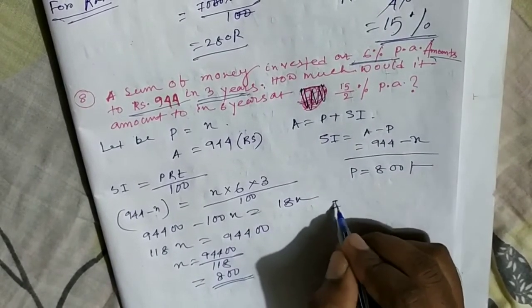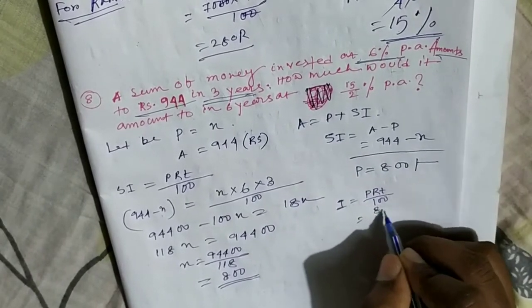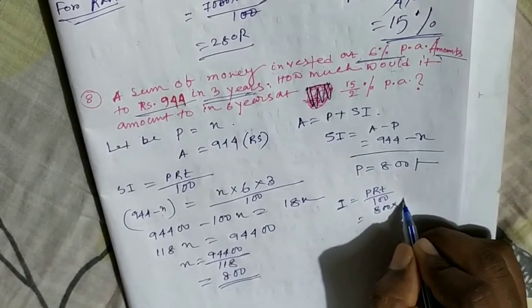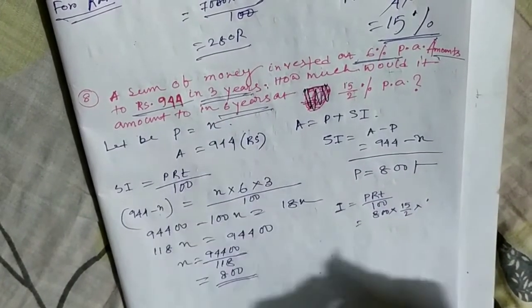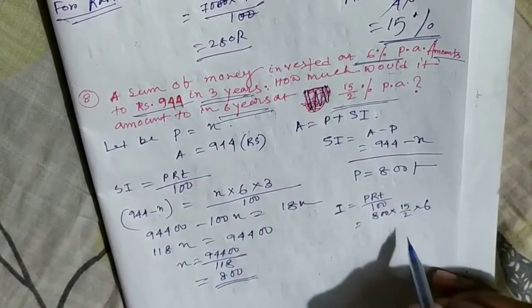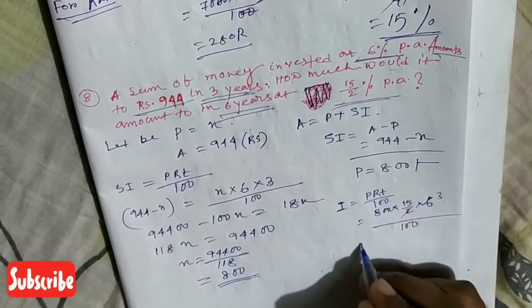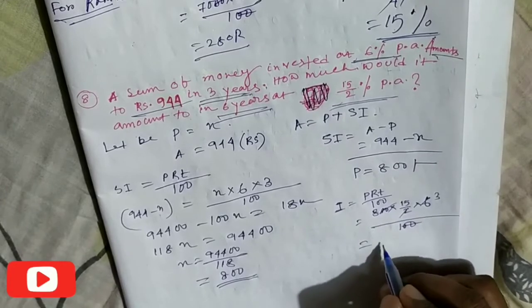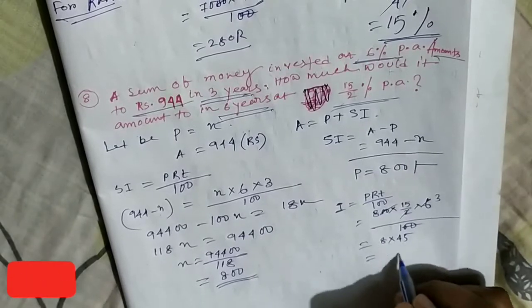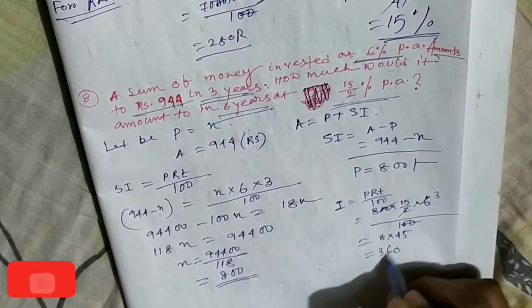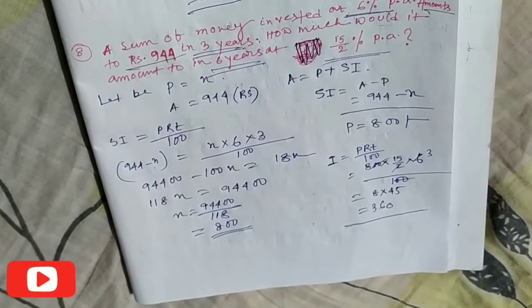I is equal to PRT by 100, P is equal to 800, time is equal to 6 years, rate of interest 15/2 by 100. Simple interest 360 rupees.